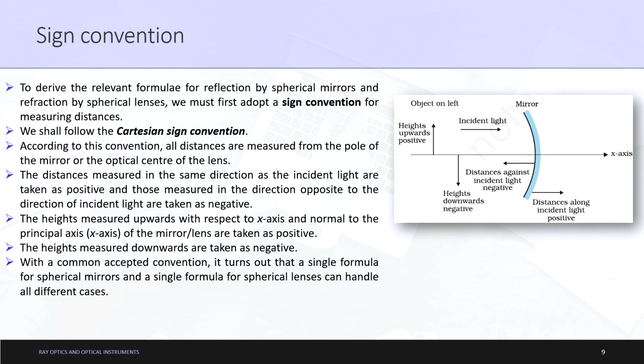So to derive the relevant formula for reflection by spherical mirrors and refraction by spherical lenses, we must first adopt a sign convention for measuring distances. What are the distances being talked about here?